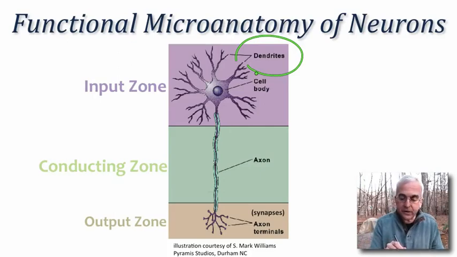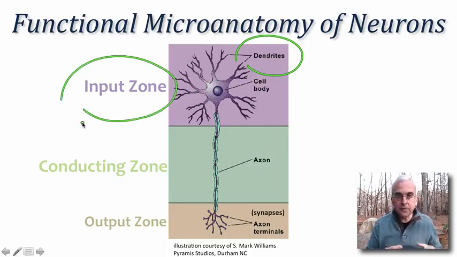So wherever we see dendrites, we think of this as an input zone because dendrites are the means by which cells receive synaptic contacts from other neurons. Now, some synaptic contacts are made directly onto cell bodies, but for the most part we find them on dendrites.